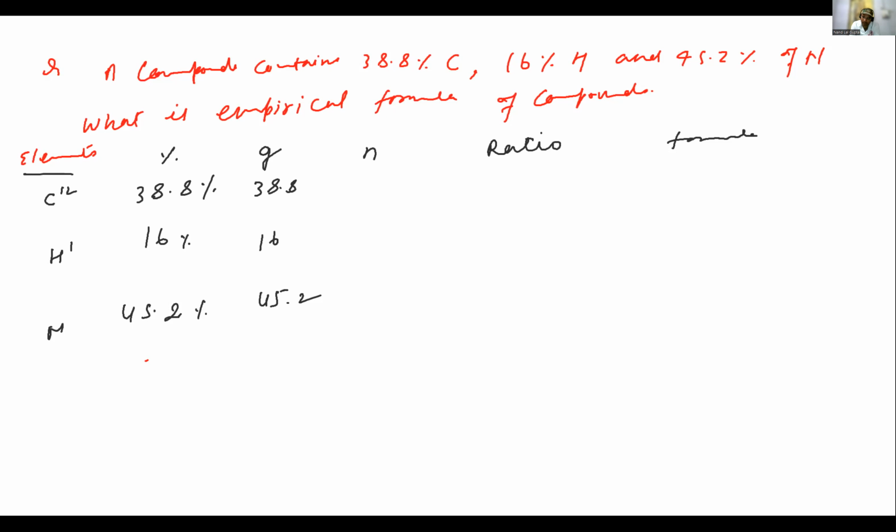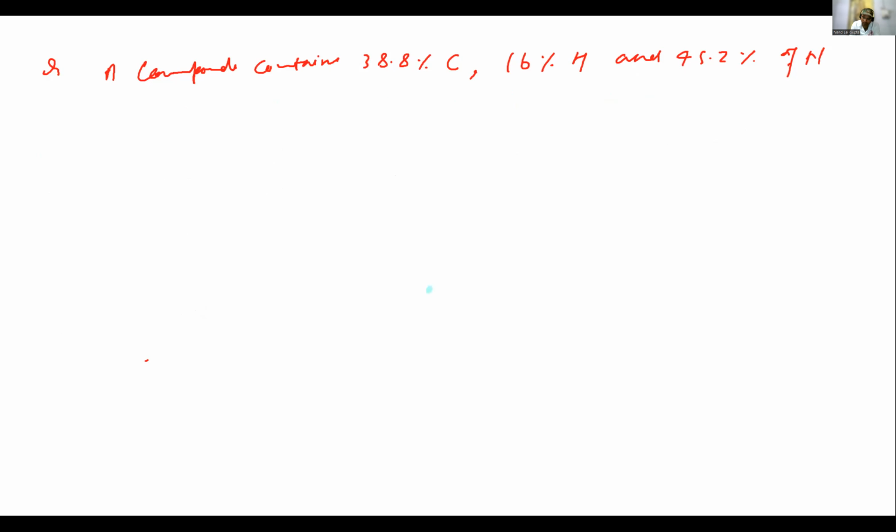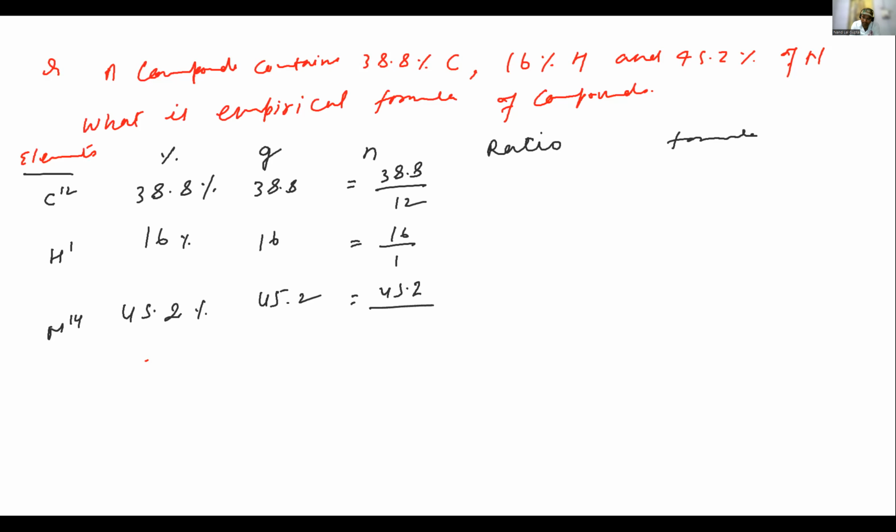Given mass means 38.8 divided by 12, 16 divided by 1, and 45.2 divided by 14.